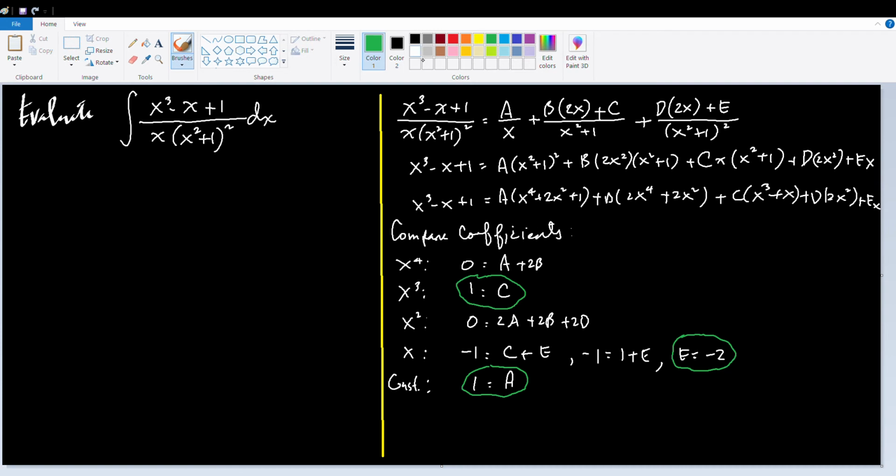For b, we have the value of a, 1, plus 2b equals 0, so that means that b is negative 1/2. Then finally, we can solve for d. 0 equals 2 times a, that will be 2, plus 2b, 2 times negative 1/2 is negative 1, plus 2d. So it gives us the value of d equal to negative 1/2.